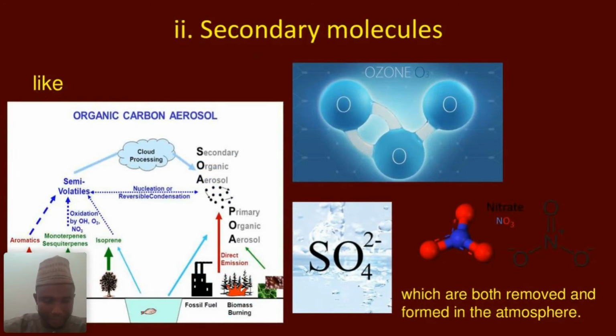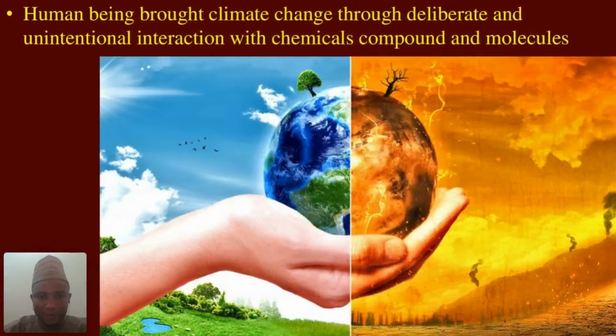Secondary molecules, for example, are organic carbon aerosols like ozone, sulfates and nitrates. All these molecules are both removed or formed in the atmosphere. These are all parts of the molecules that are continually causing climate change in our environment.